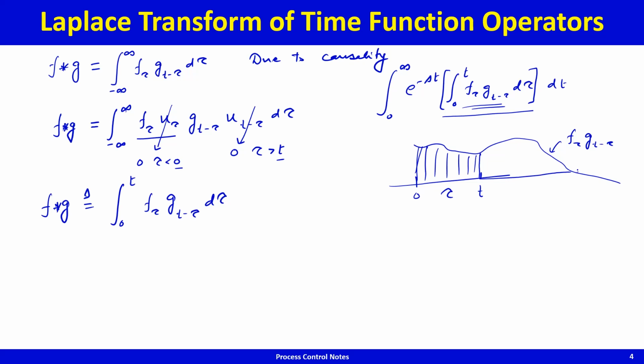So I can multiply f tau g t minus tau by u t minus tau, which is 1 up to t and 0 otherwise. When tau is greater than t, u t minus tau becomes negative argument, and therefore it goes to 0.